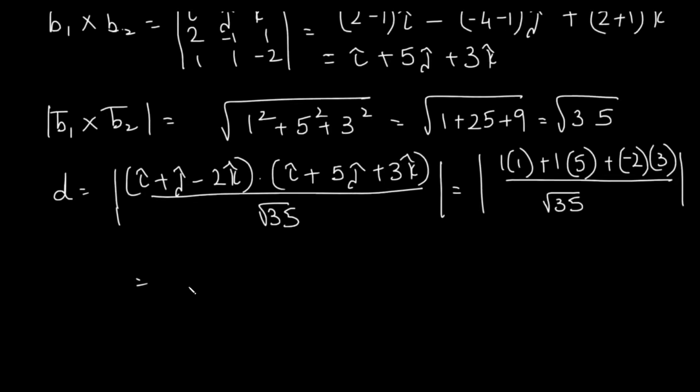As you can see, 1 plus 5 is 6, and 6 minus 6 becomes 0. So 6 minus 6 upon root 35.